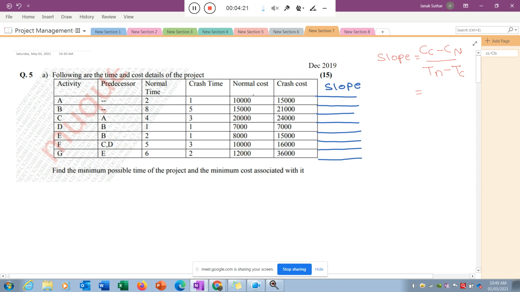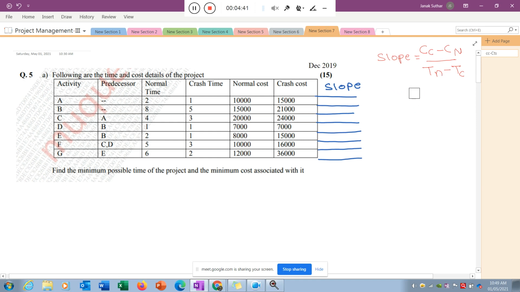That is 2. What is the crash time? That is 1. So Tn is 2, Tc is 1, and 2 minus 1 is equal to 1. Now the crash cost is 15,000, and the normal cost is 10,000.